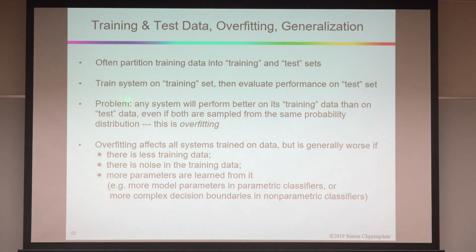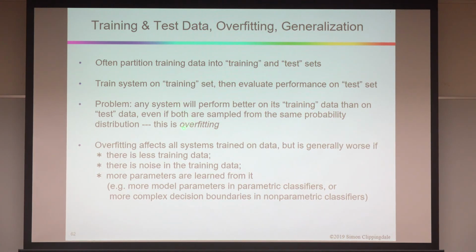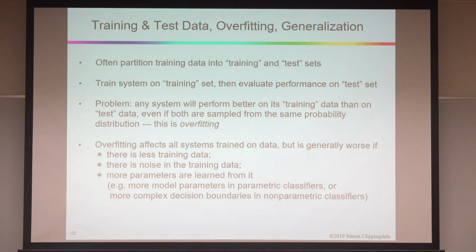A problem with any kind of classifier is that any system will perform better on its training data than on the test data. That's true even if you sample both of them from the same probability distribution, and that's called overfitting. It affects all systems that are trained on data. It's usually worse if there's less training data.